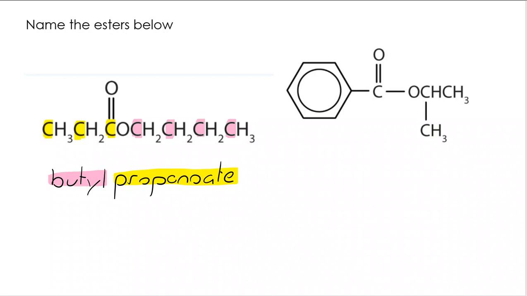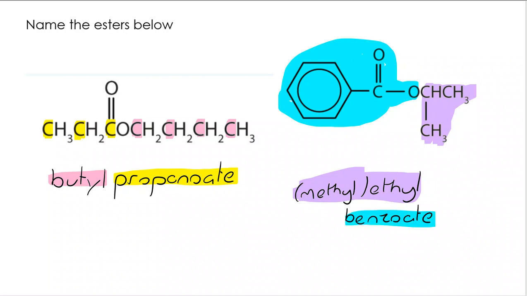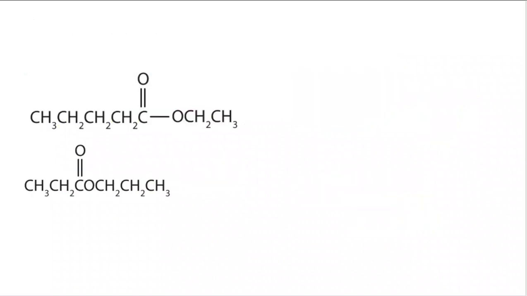On to the next one, again colour coding to show what's come from the alcohol and what's come from the acid. What we get here is a methyl group coming off an ethyl group, so open brackets methyl close brackets ethyl, and we have got a benzoate ion, so methyl ethyl benzoate. Let's look at another couple.